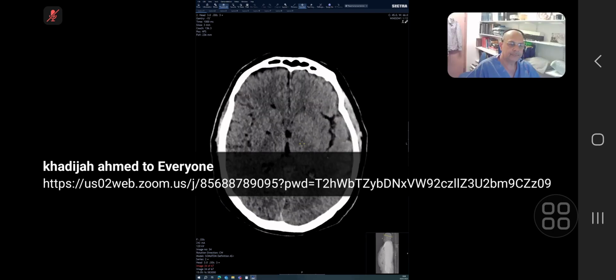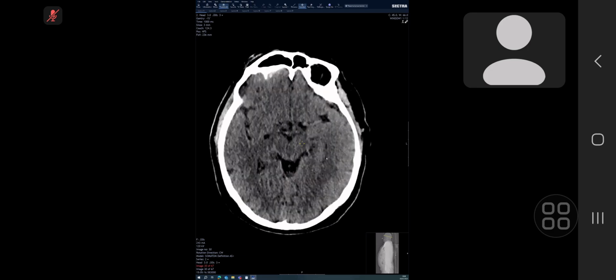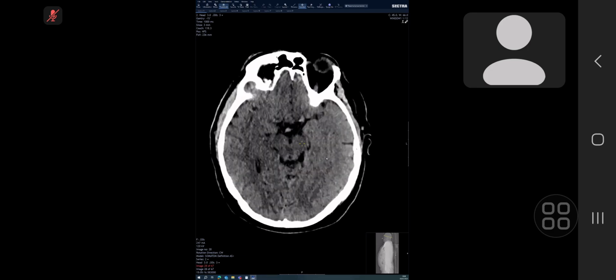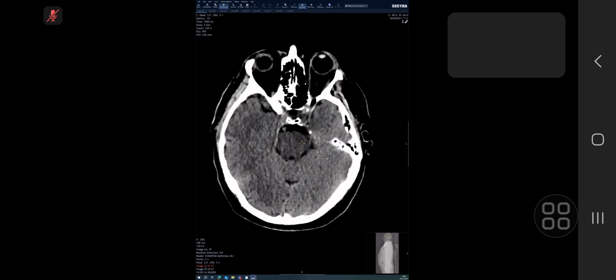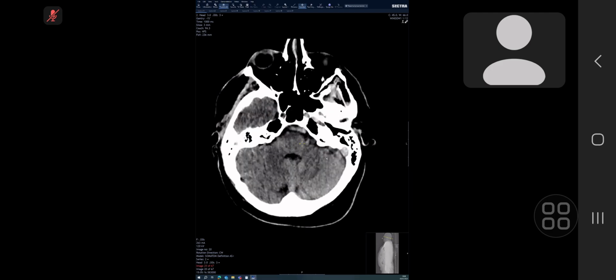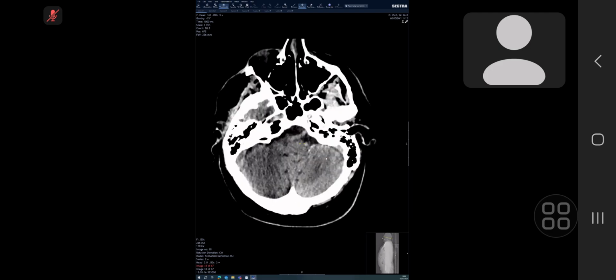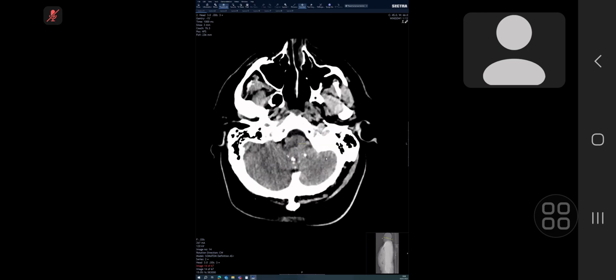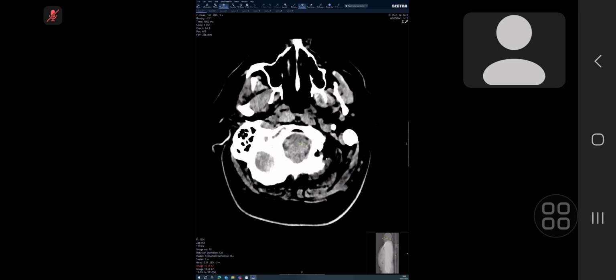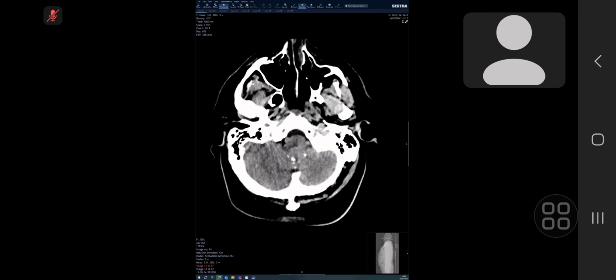As we come down, the pons also looks a bit hypodense to me. So with these findings, I'll suspect some ischemic insult to the patient, although in a trauma case it's rare to see such kind of finding.